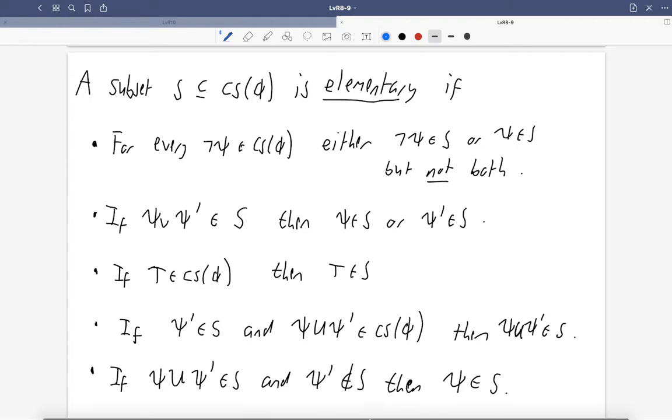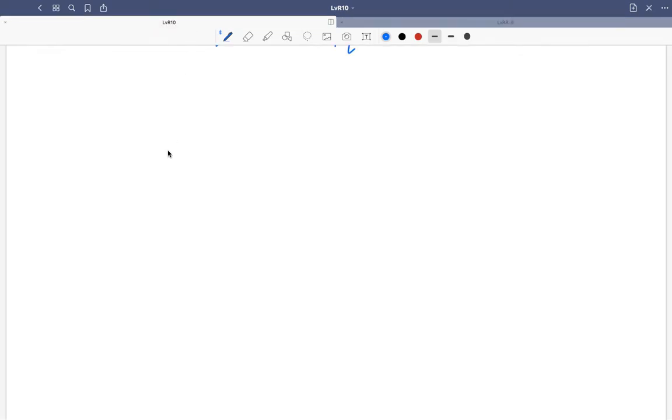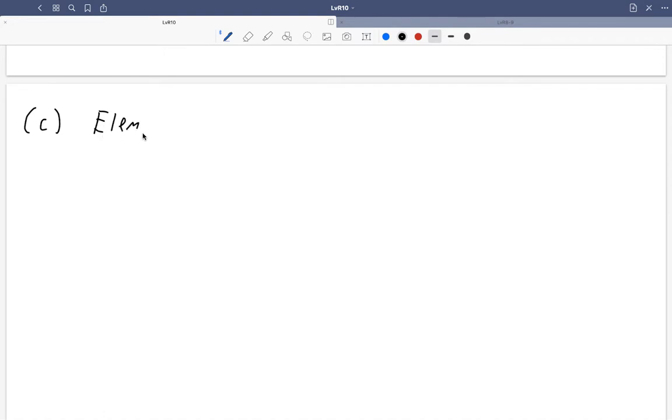Right, so let's go back. We want to do the set of the elementary subsets. So there's going to be C, the elementary subsets of the complemented subformulas of the negation of phi.